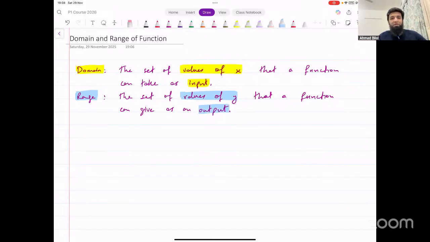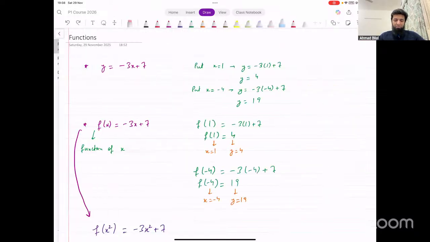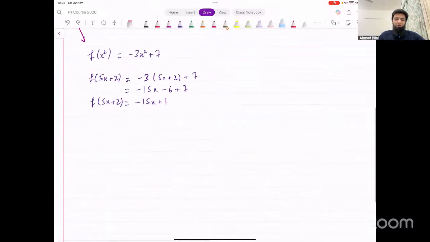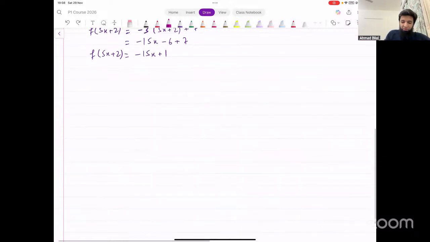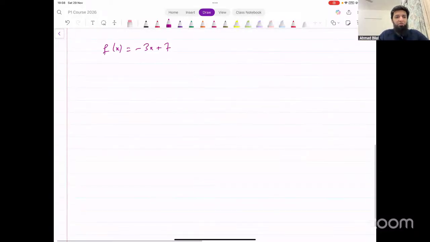Now, what does that mean? A function is basically kind of an input-output relation. So this function that I wrote before, f of x equals minus 3x plus 7. What exactly does this function do? This thing x is the input that we give to the function.